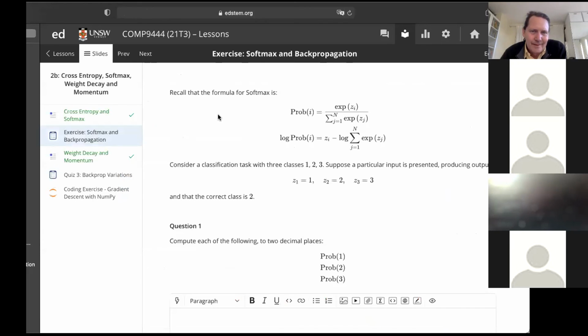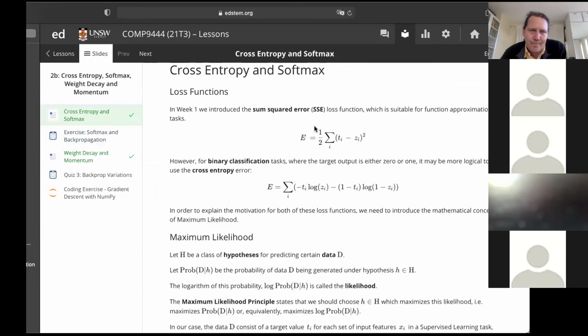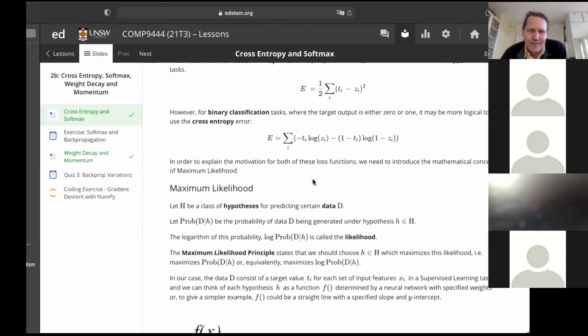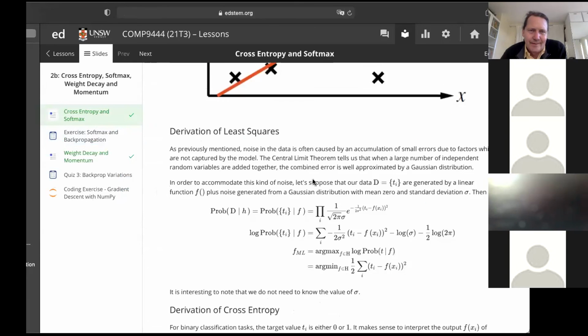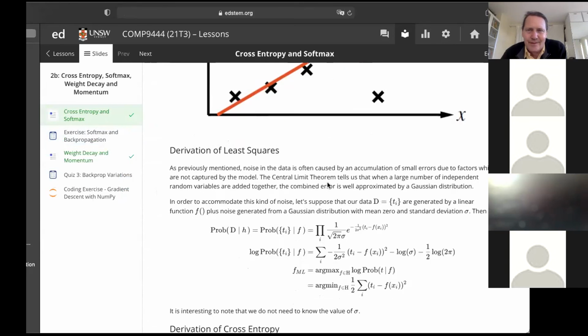So where was I? Oh, yeah. This is what we'll be looking at tomorrow. We'll be looking at the sum squared error and cross entropy, and the mathematical origin of these things.